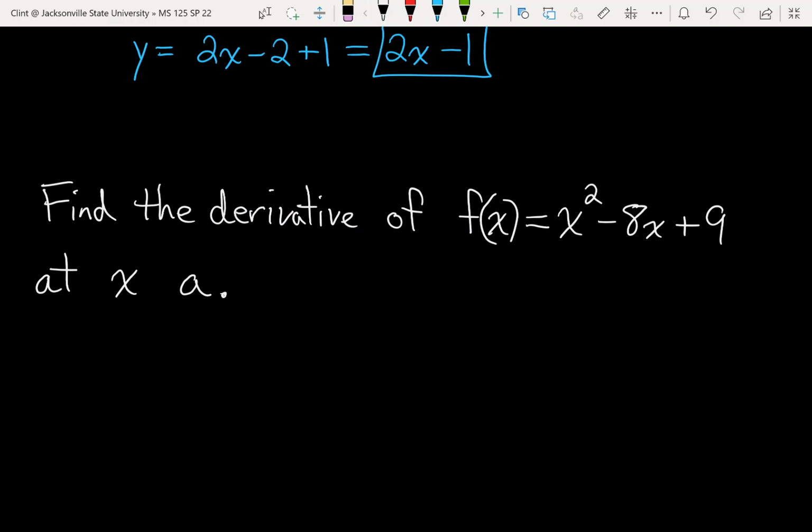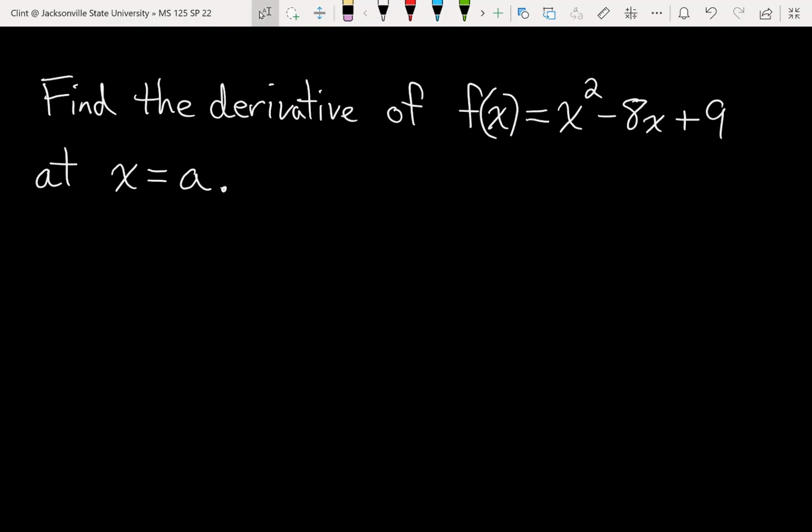This x value we're just calling a. We can use either definition. I think I'm going to use the one with the h in it. So this is what we're looking for: the derivative of f at a.